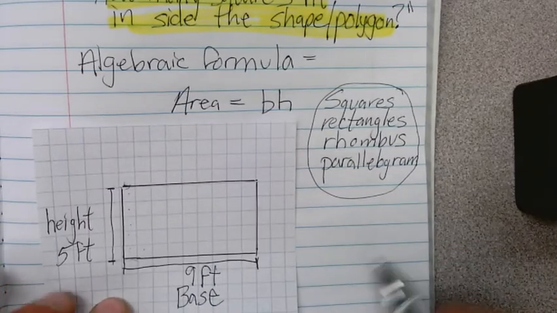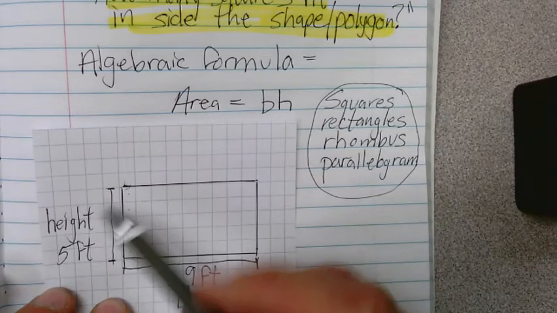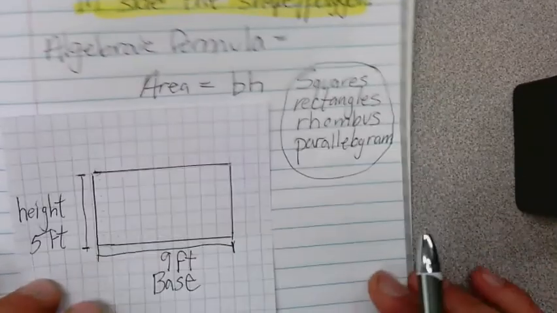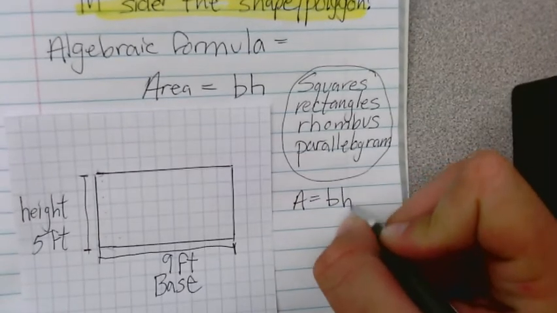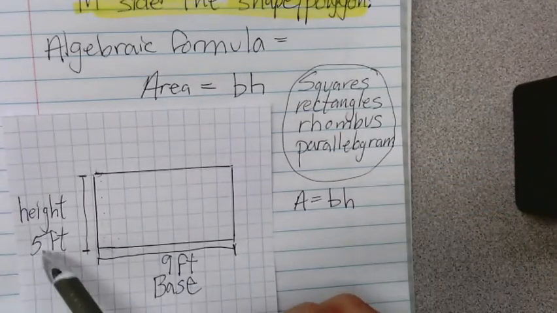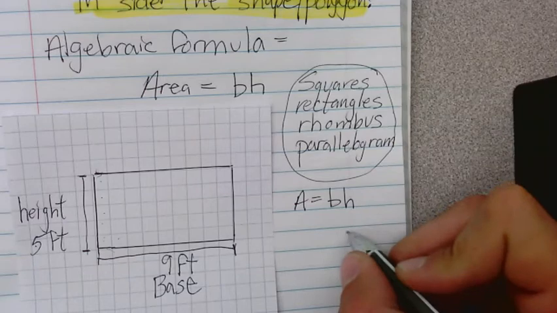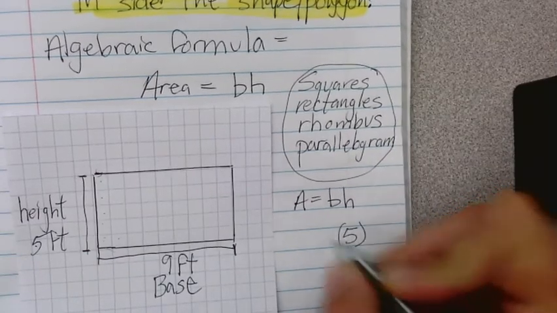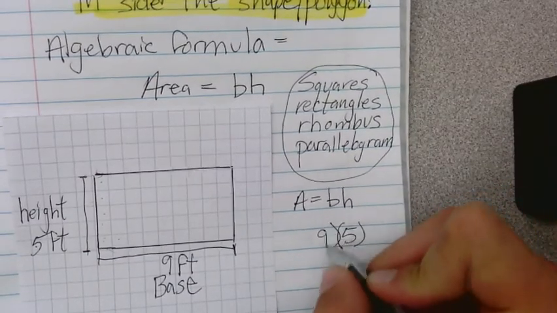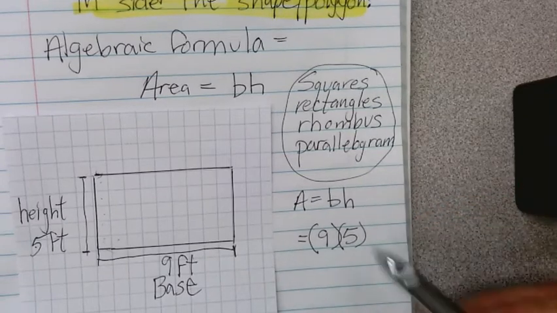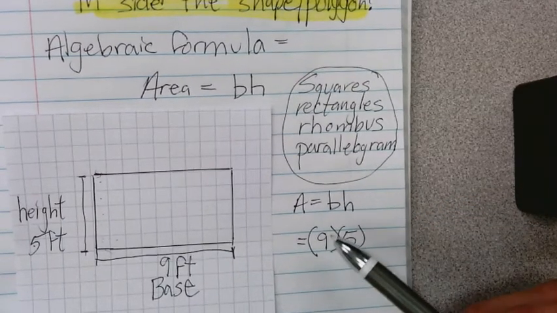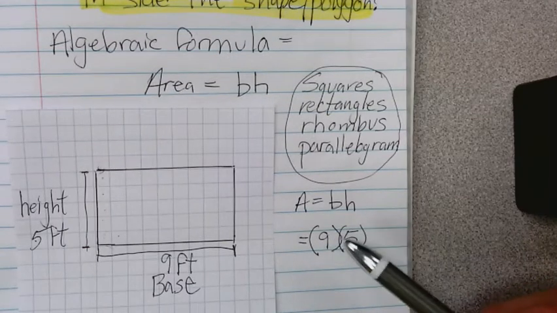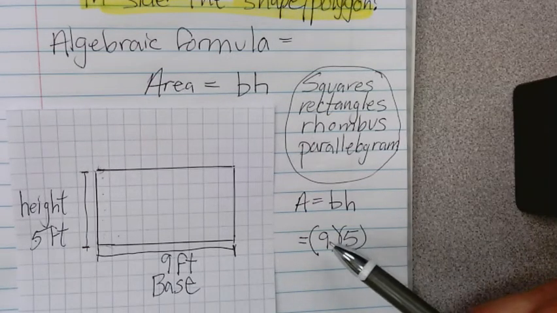So if I apply the formula, base times height, so A equals base times height. I said the height was 5 feet. Base was 9. And you see, I didn't put multiplication signs. I didn't put an X. Just put them in parentheses. Make sure you have the parentheses.